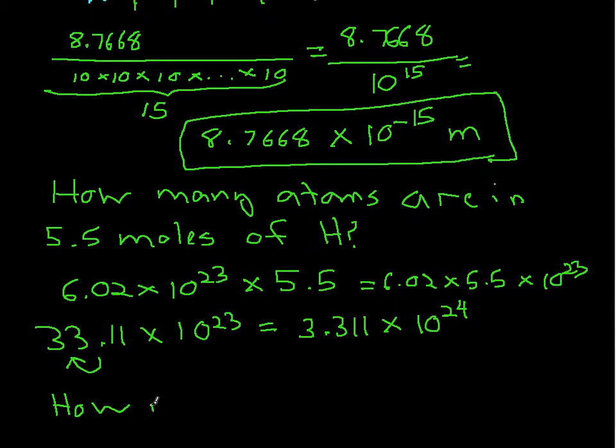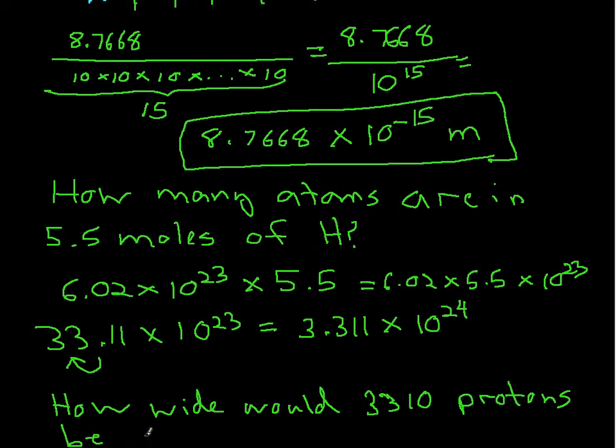So how wide would 3,310 protons be if placed? Now you could never place protons this way, placed side by side, straight line. So we just line them up.